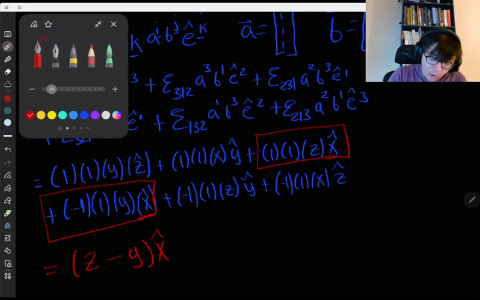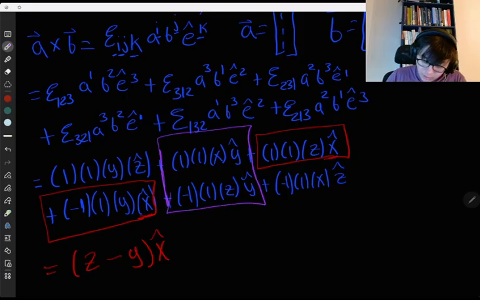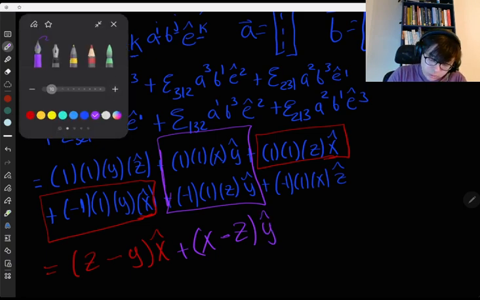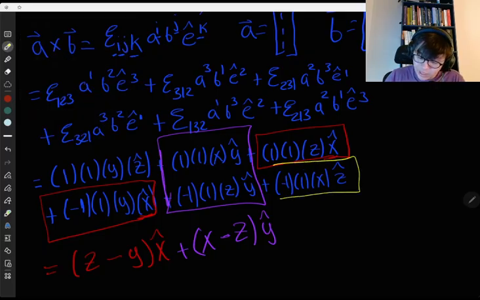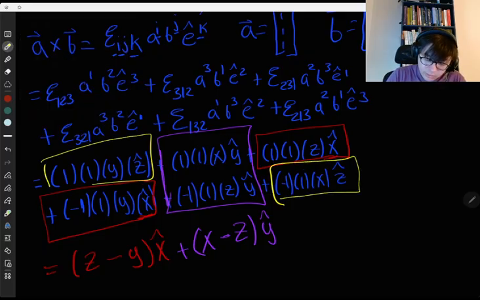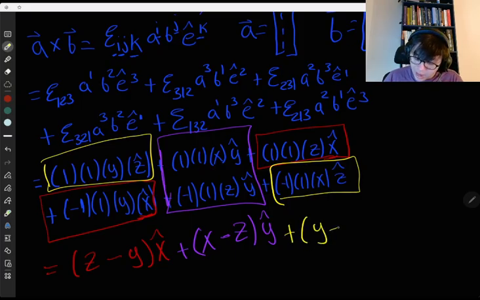And now let's do the y hat. So here's my y hat. If I factor out a y hat, I get x minus z y hat. And then finally, if I do the z hats, I get plus y minus x z hat.